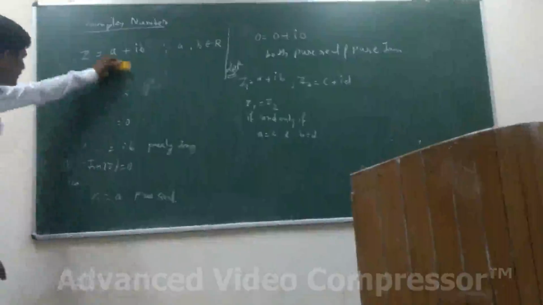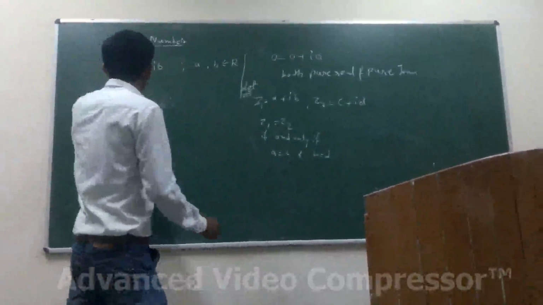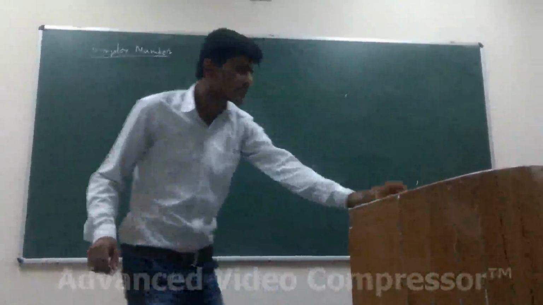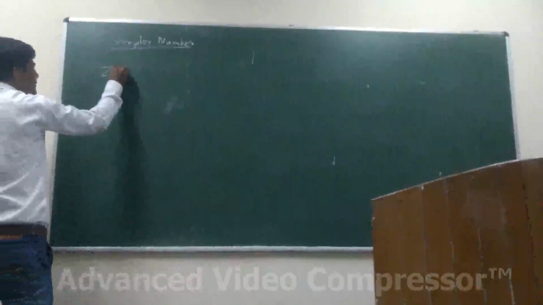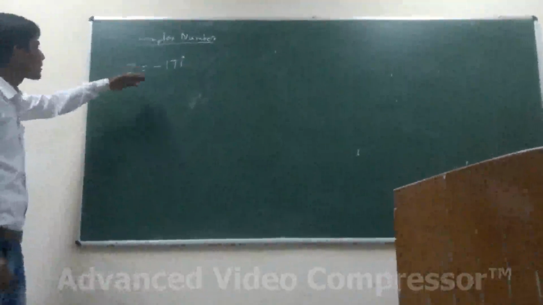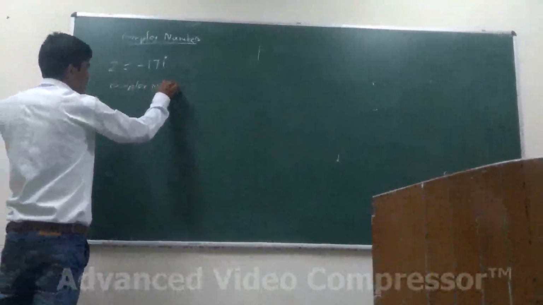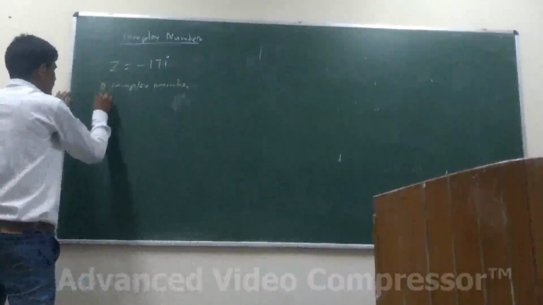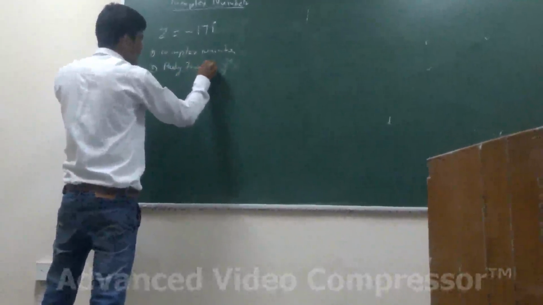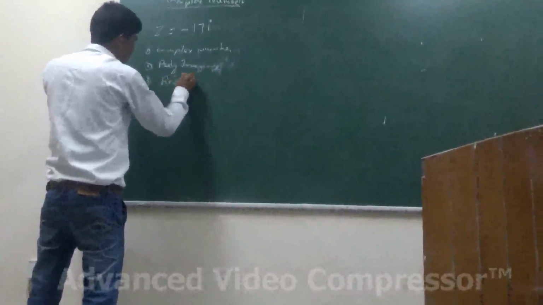Now take some examples. Z is equal to minus 17 iota. It is a complex number, purely imaginary. The third one is a real number.